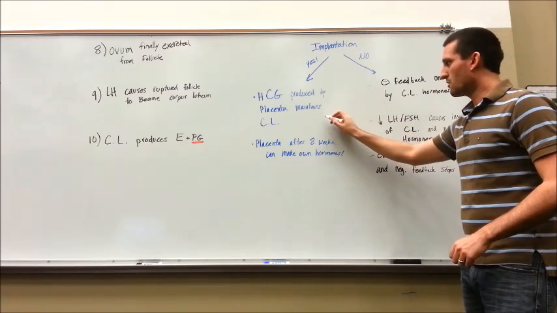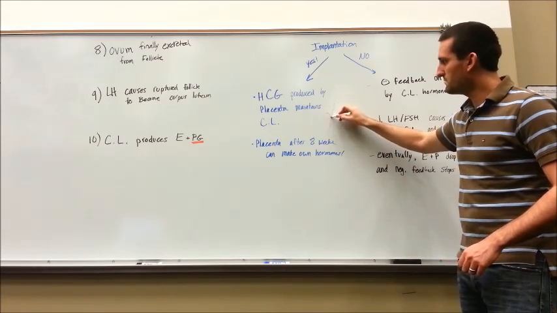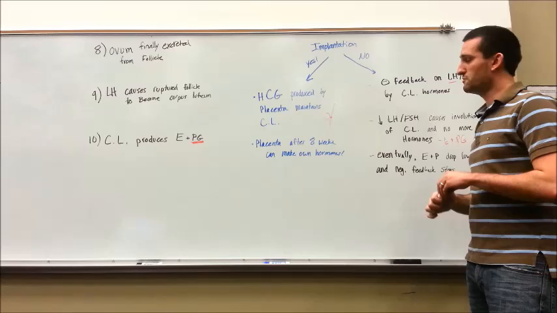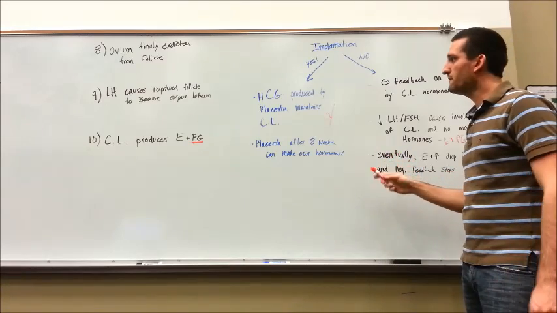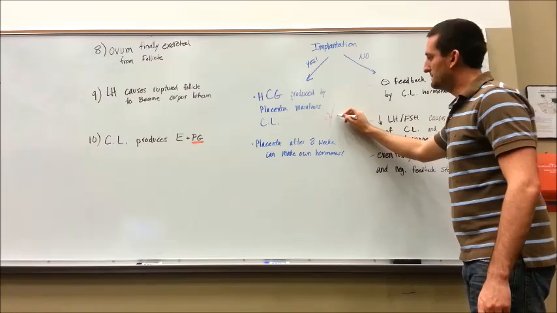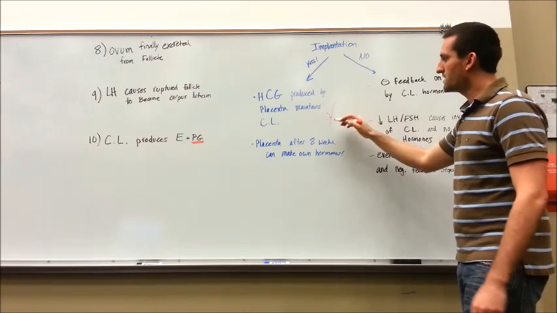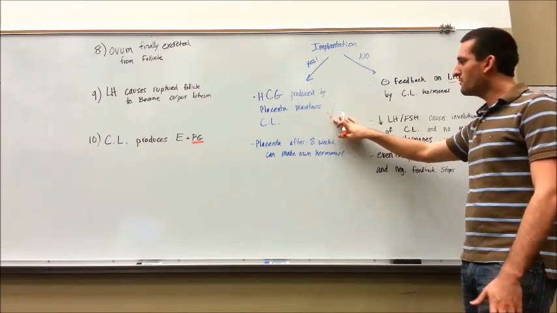Initially, our ovum just implanted within the uterine wall. As soon as it implants, it's not able to produce enough hormones to maintain itself. So it's part of the primary embryo, the placenta, that's going to be called the syncytiotrophoblast.